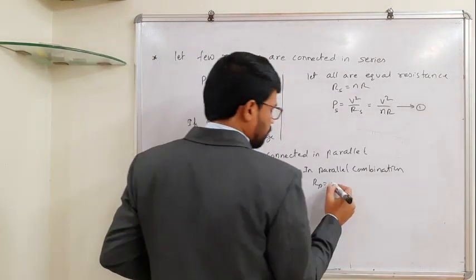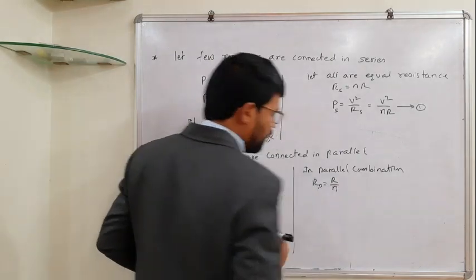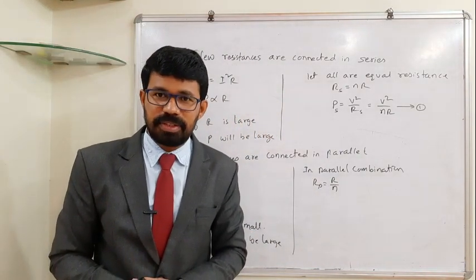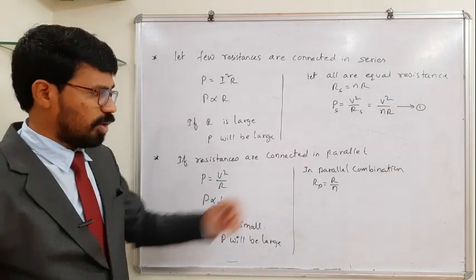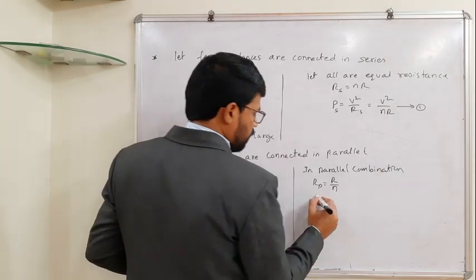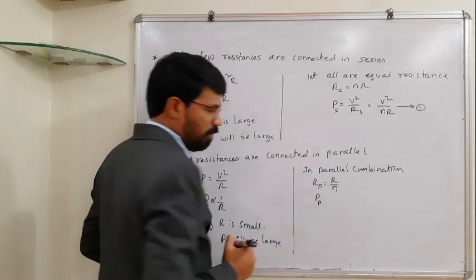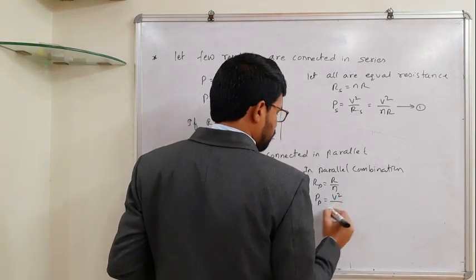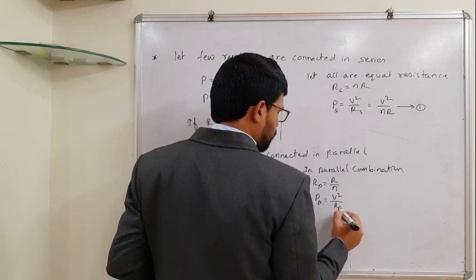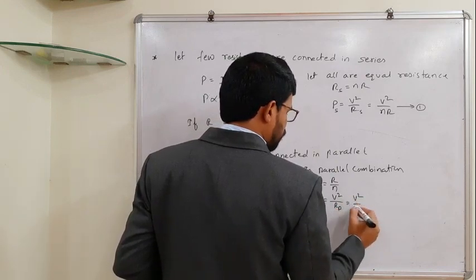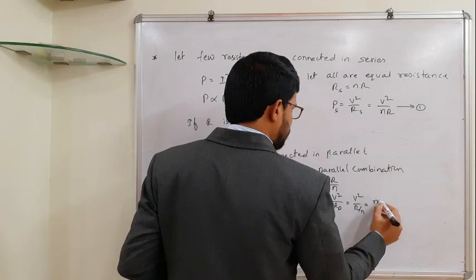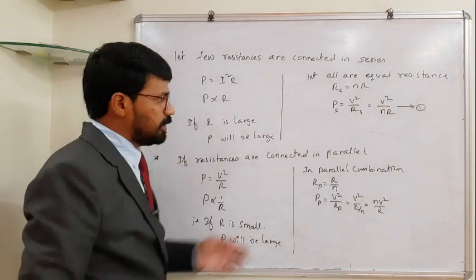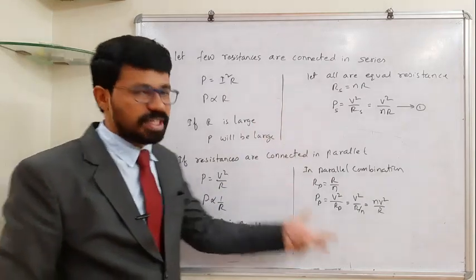So what you will have? R by N. So the effective resistance in the parallel combination of N equal resistances is R by N. Therefore, P subscript P, power consumption in parallel combination, is equal to V square by Rp. V square by R by N, or this can be written as N V square by R. This is one small special case.